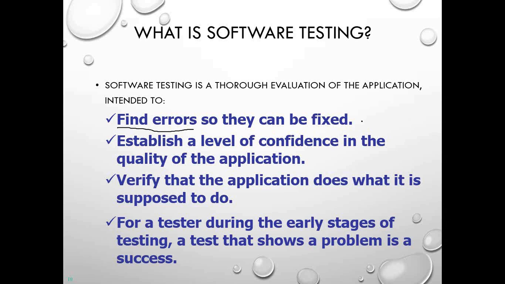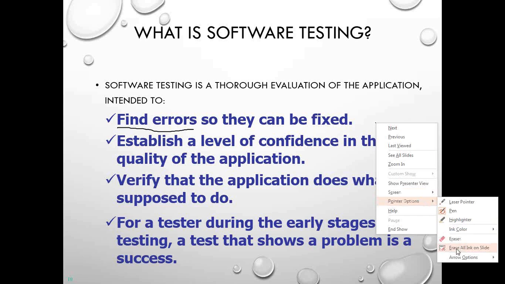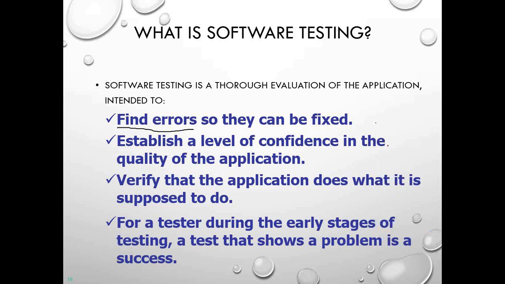Number 2, establish a level of confidence in the quality of the application. So there are 2 keywords over here, confidence and quality. Find errors so they can be fixed.